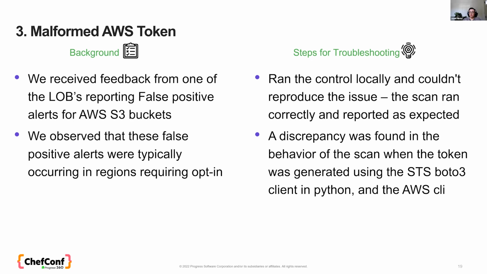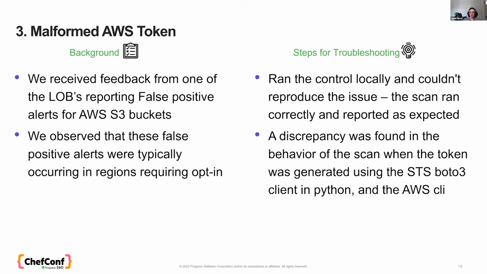So our typical first step in troubleshooting, as Rohit mentioned, is running the scan locally, and in this case, we ran the scan locally, and we weren't able to reproduce the issue. The S3 bucket was scanned and reported correctly.